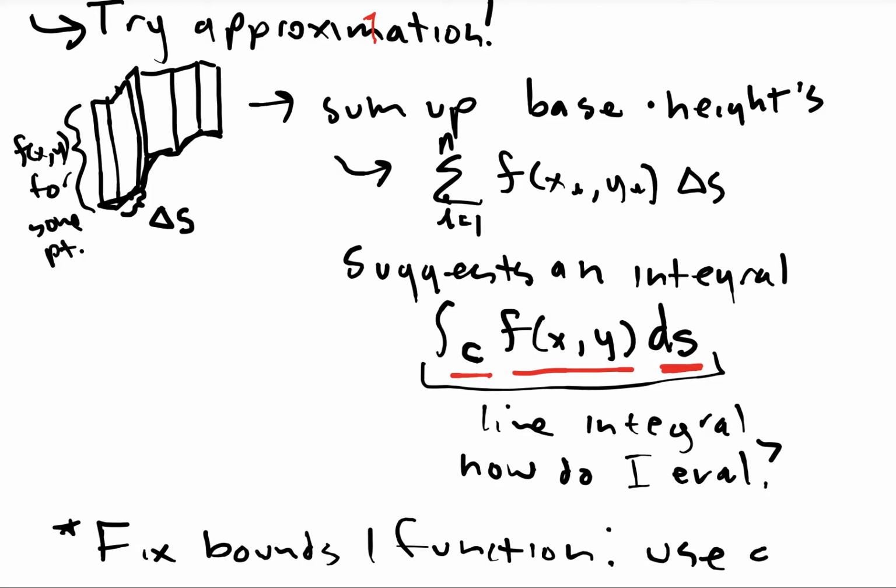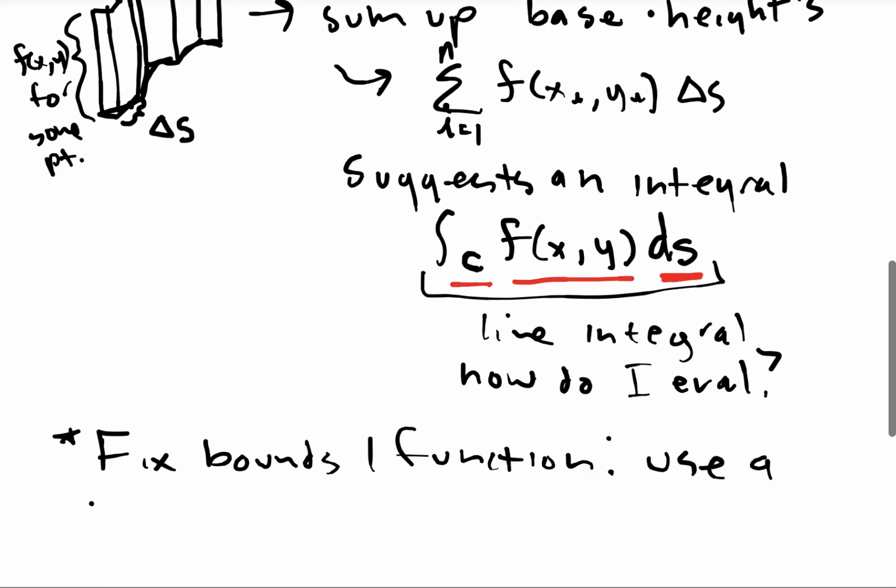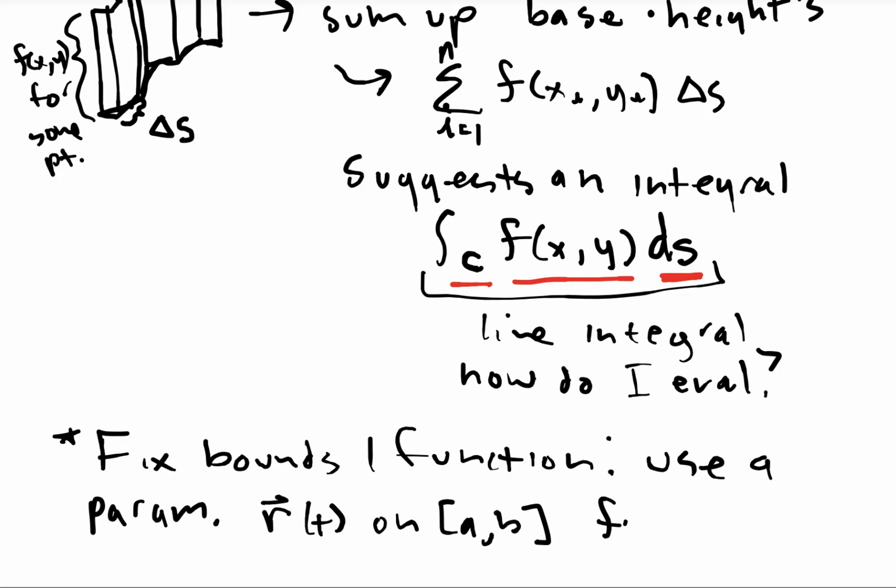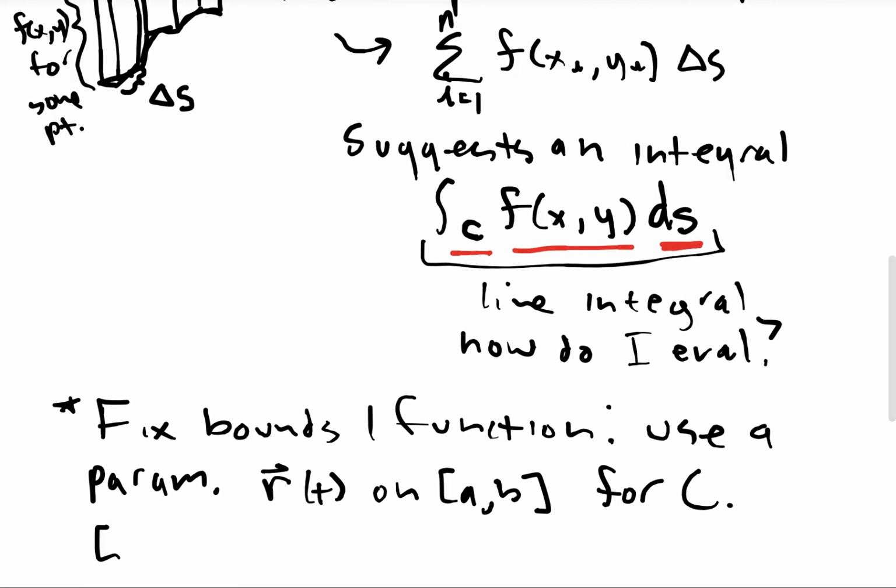I'm going to use some sort of parameterization, r of t on some interval [a, b], for that curve C. What I mean by that is this: your a and b are going to be your new bounds. Whatever interval you are using to spell out your curve, where does that curve live? What time values are we using to denote where our curve starts and stops? That's where our new bounds come from.